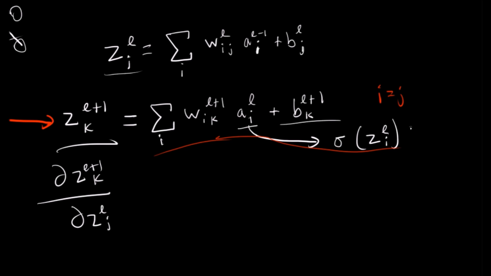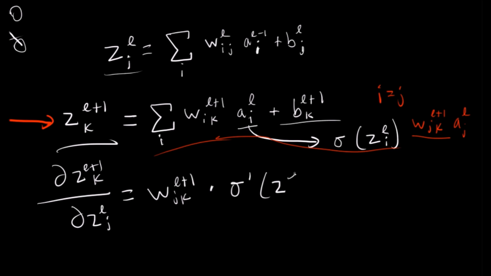So really, we're just taking the derivative of W_JK of L+1 times A_J of L. Because W_JK is a constant, the derivative is simply W_JK of L+1 times the derivative of the activation function at Z_J of L. Okay, so that's easy enough.